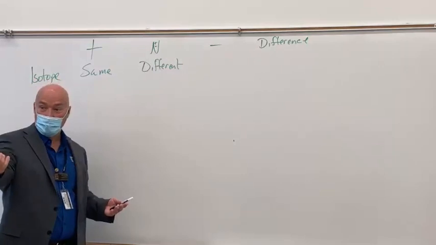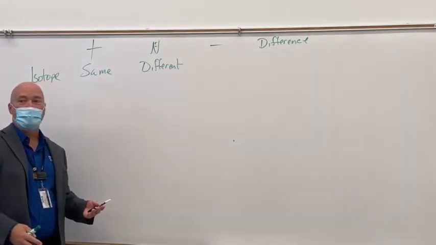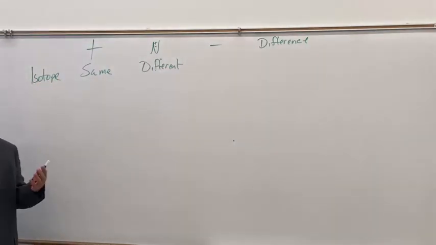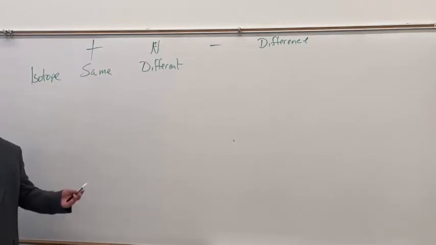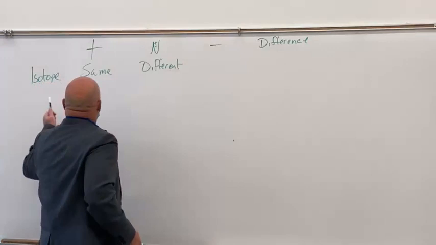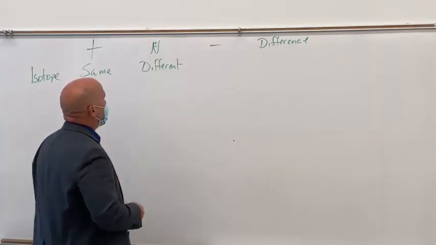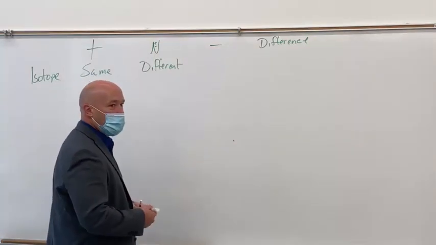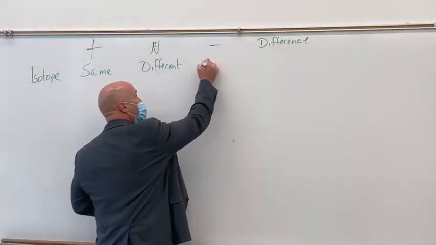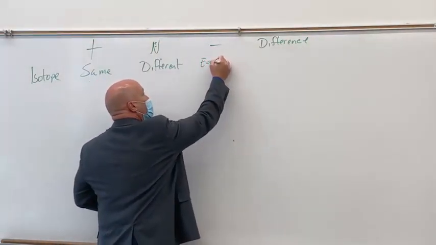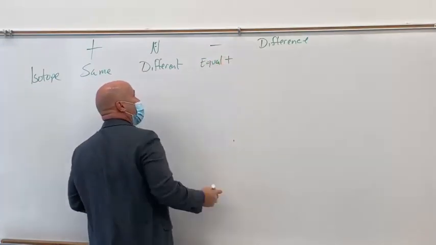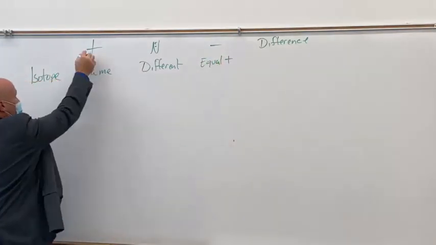An ion, exactly. Is an ion a neutral state that the atom wants to be in? No, it's not. Okay, so we've got the protons. Regardless of the number of protons, what should they equal? The number of electrons, equal to the number of positive charges, which are the protons, right?